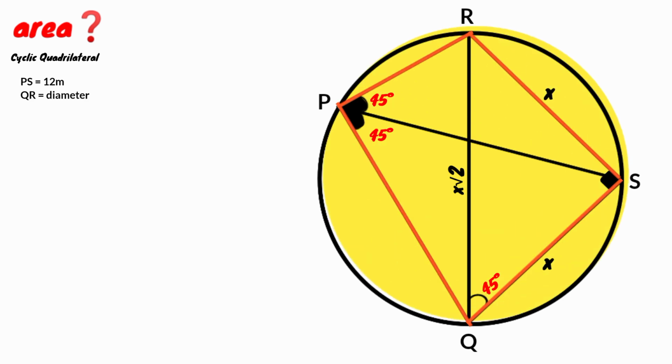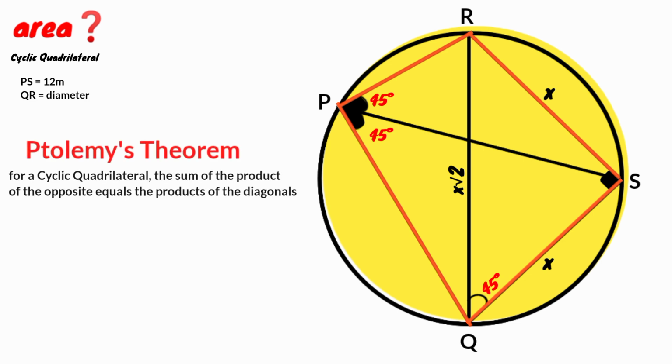Now let's come back to the cyclic quadrilateral. There is a beautiful idea discovered by a mathematician named Ptolemy. His theorem states that for any cyclic quadrilateral, the sum of the products of the lengths of its opposite sides equals the product of the lengths of its diagonals.